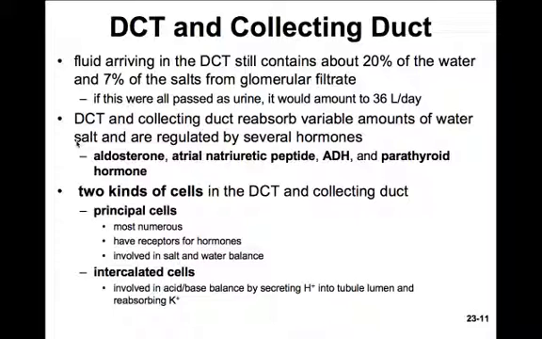They have receptors for all the hormones, and they're primarily involved in salt and water balance. The other type of cells we'll find in the distal convoluted tubule are these intercalated cells. And they're involved primarily in acid-base balance because they secrete hydrogen ions into the tubule lumen, thus removing them from tissues, and they reabsorb potassium from the solution in the tubules.